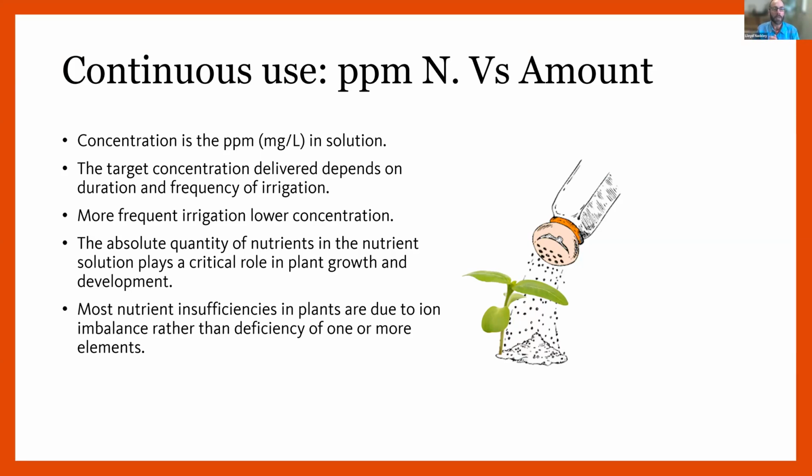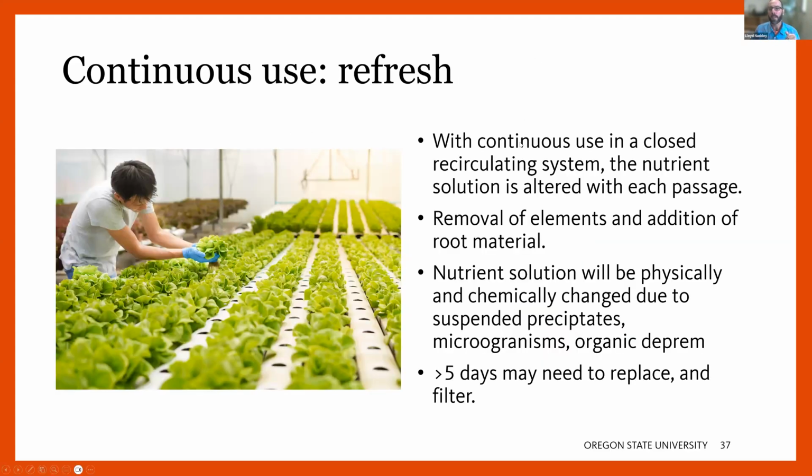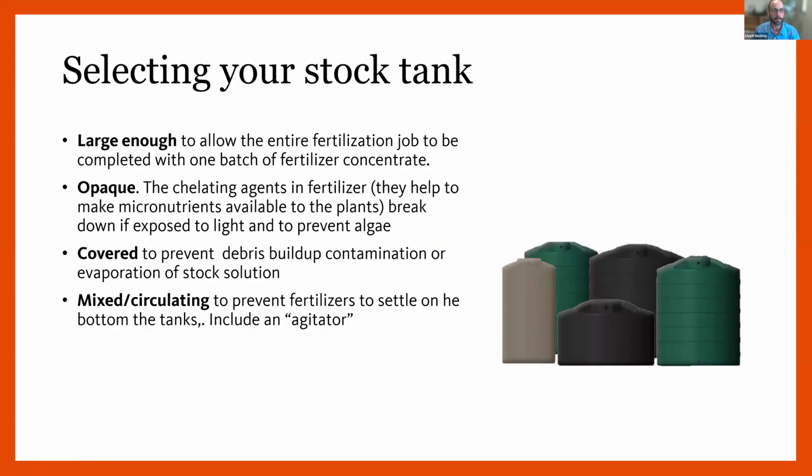A good rule of thumb is that if you are running your solution for more than a week, you may need to replace it and you will likely need to filter, because nutrients are being pulled from your system and the roots are releasing compounds, which we just call root exudates, into the solution, which can decrease growth as well. So about a week in a big production system of continuous running. This would be an NFT that Michael will talk about in coming weeks.